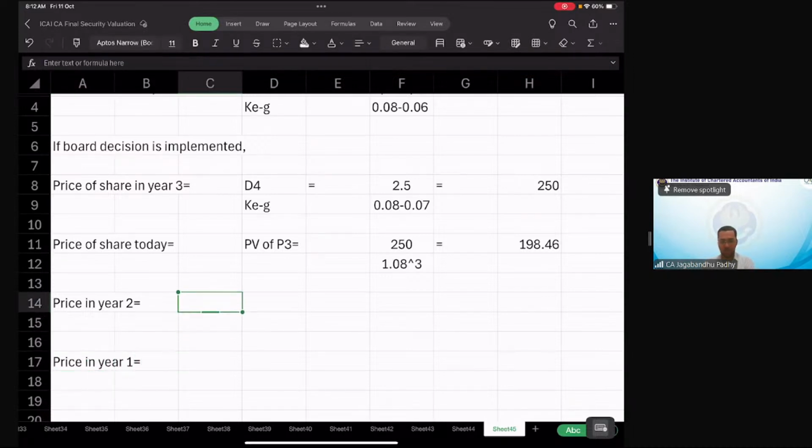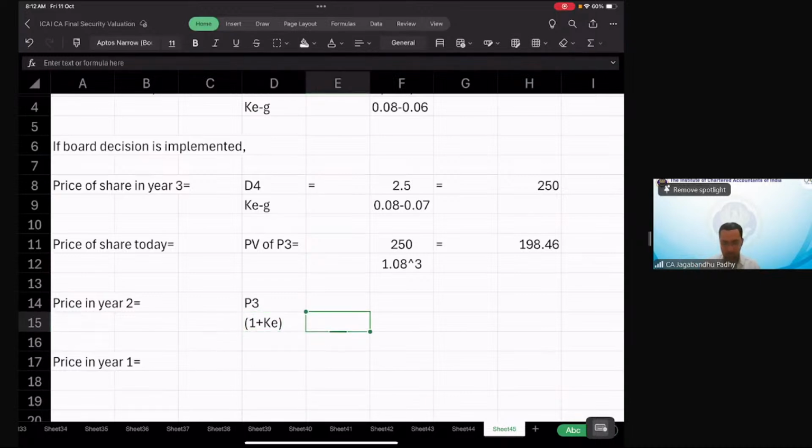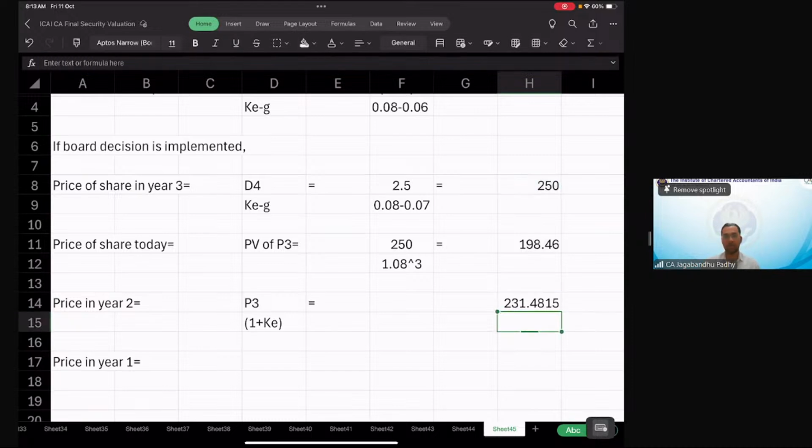Price in year 2 will be price in year 3 divided by 1 plus KE, right? Because we are taking the 3rd year to the 2nd year, so we're just going to discount it by 1 year. So price in the 3rd year divided by 1.08 will be the price that we are looking at in the 2nd year.